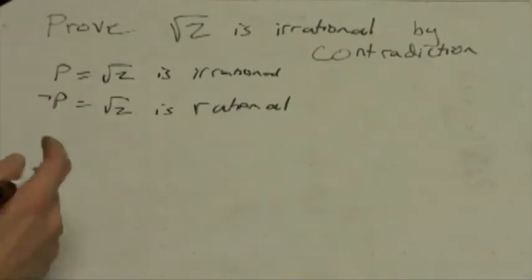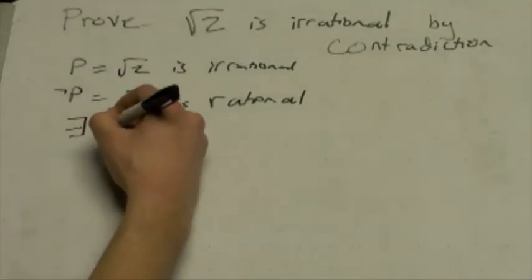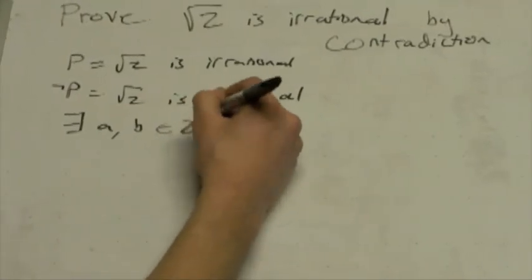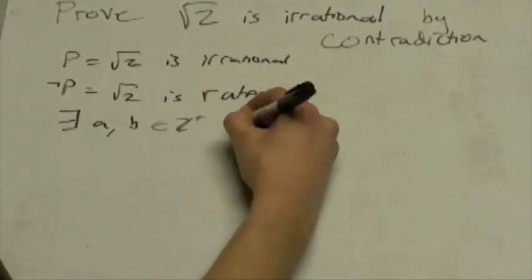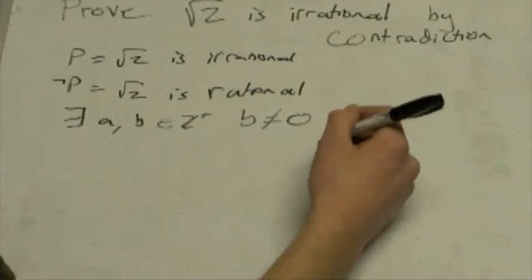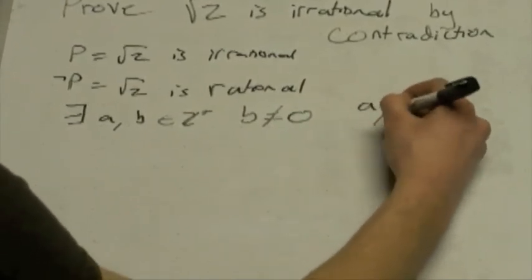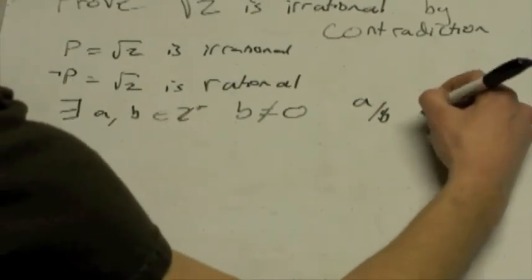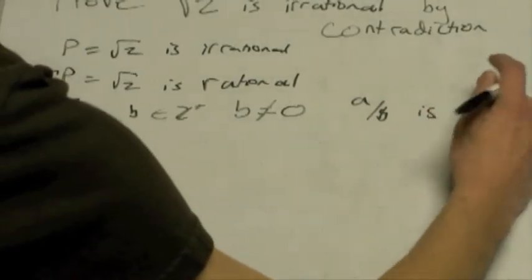Now, to define rational, we say that there exist two integers, a and b, which are elements of positive integers, such that b is not equal to 0, and that a over b is a rational number, which means that a and b are in lowest terms.